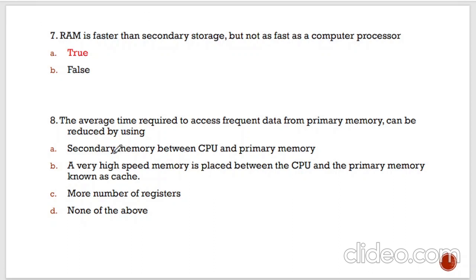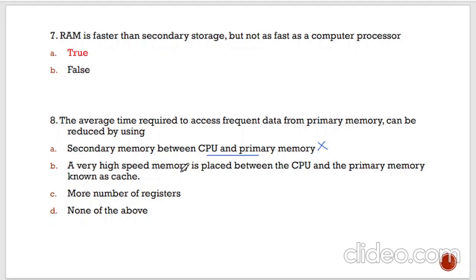Do we have to use secondary memory between primary memory and the CPU? No, the access time, or speed of accessing data, of secondary memory is very low compared to primary memory. So there is no need for secondary memory between the CPU and primary memory.